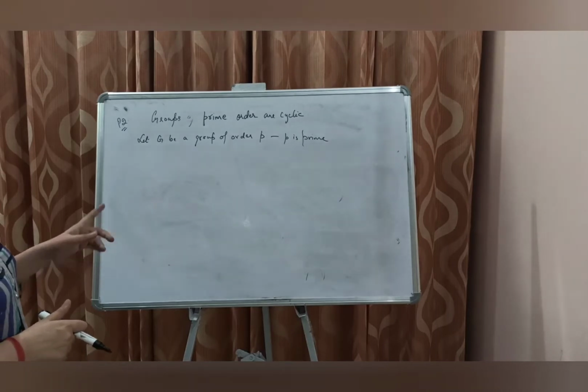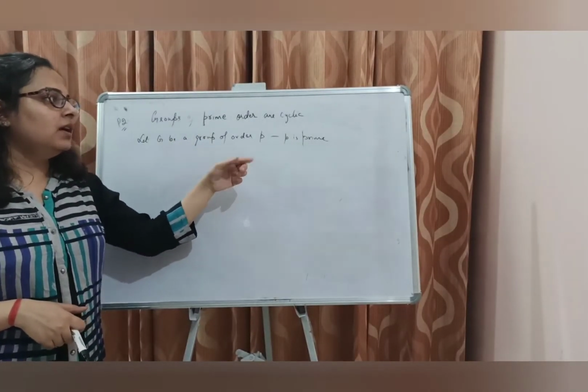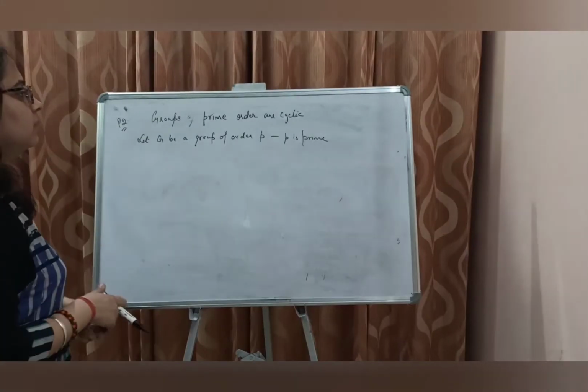It says that if the order of the group is prime, then it is cyclic. It is generated by some element.